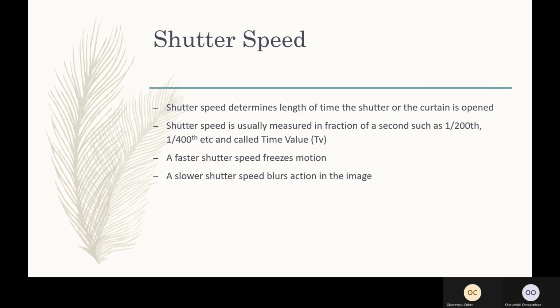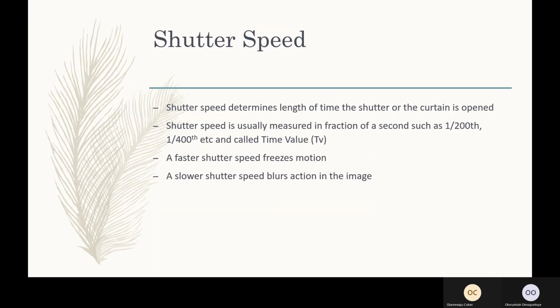And if you open at a very fast rate, a little light will hit the sensor. So if your shutter opens too fast, little light will hit the camera sensor, and if it opens too slow, too much light will hit the camera sensor. Your aperture and your shutter have to work hand in hand for you to get the right image.